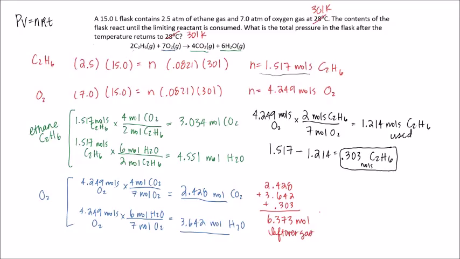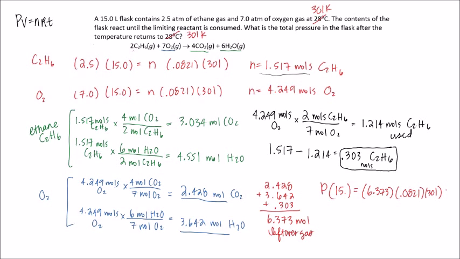So using this, now we can use PV = nRT. So we are looking for the pressure. What is the total pressure? So for P, our volume is still the same, 15.0, equals number of moles, and that is just the number that we just figured out, 6.373 times the universal gas constant times 301.